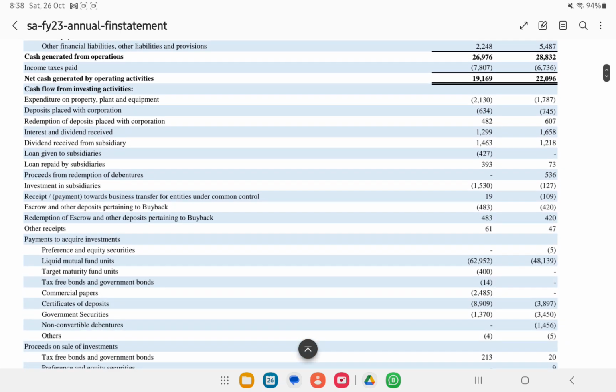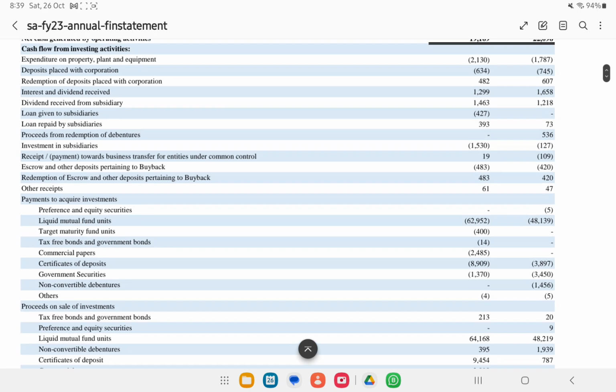Then they have moved to cash from investing activities. See what all things they have done under cash from investing activities. They have expenditure on property, plant and equipment. They have bought property, land and equipment. They have deposited with corporations. Then they have done many things.